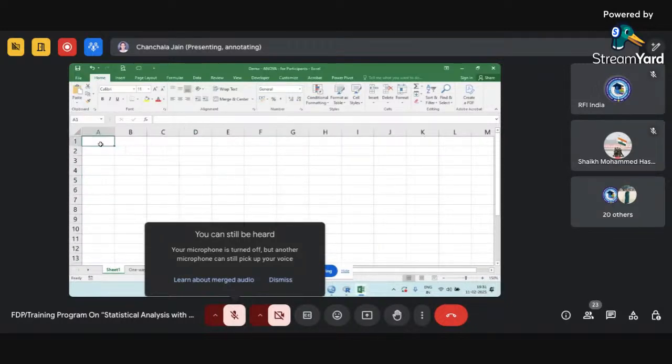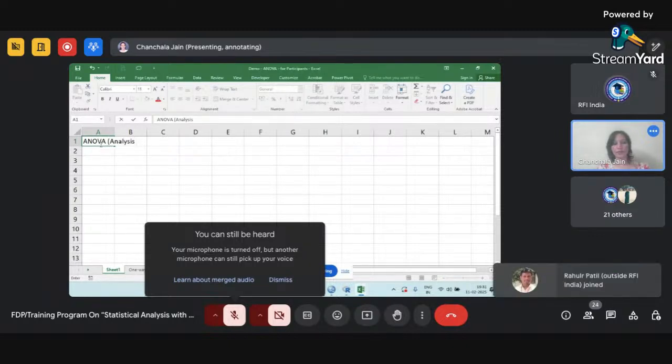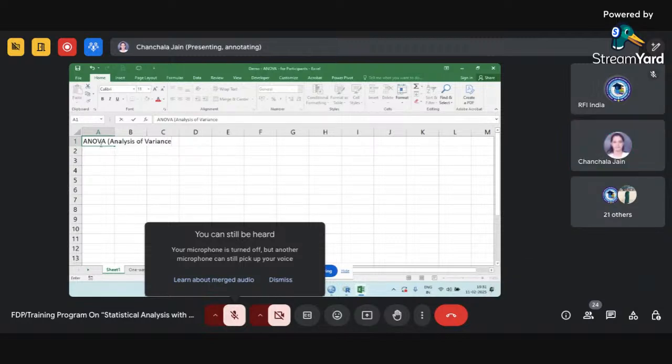Okay. So, friends, today we'll talk about the concept of ANOVA first, and then we'll see how we can use Excel for performing ANOVA, right? So, when I say ANOVA, I think everyone knows, ANOVA stands for analysis of variance, right?